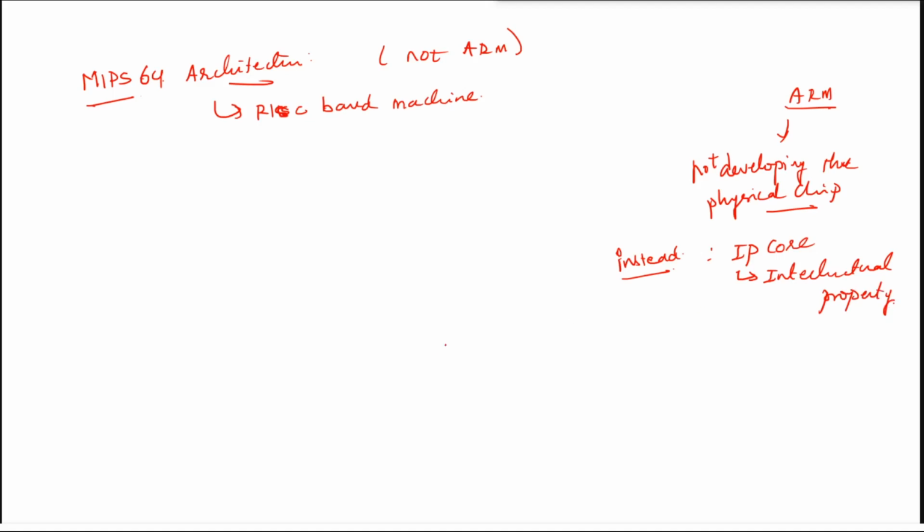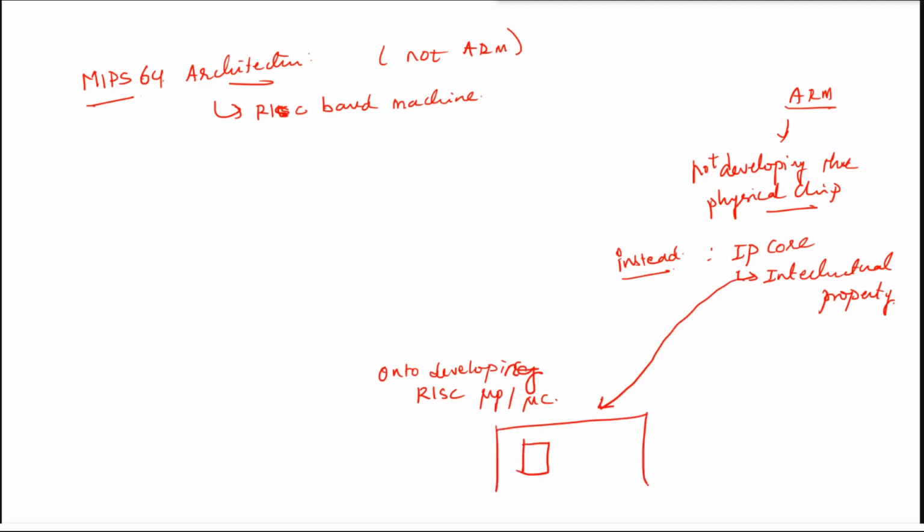The people who are developing a RISC-based processor or a microcontroller will get this IP core, which is nothing but the ARM core.